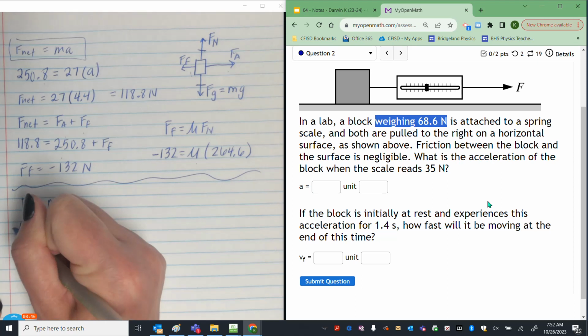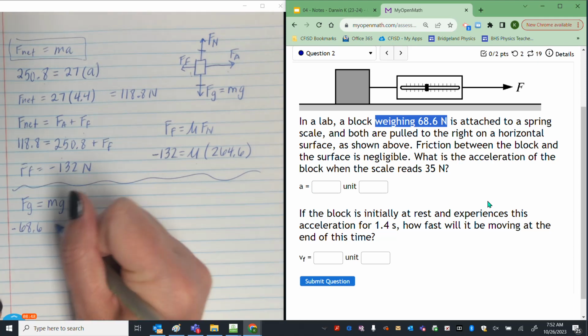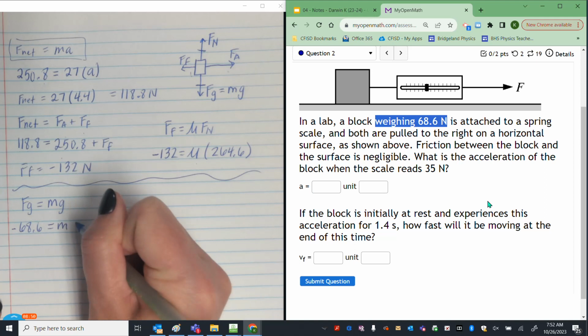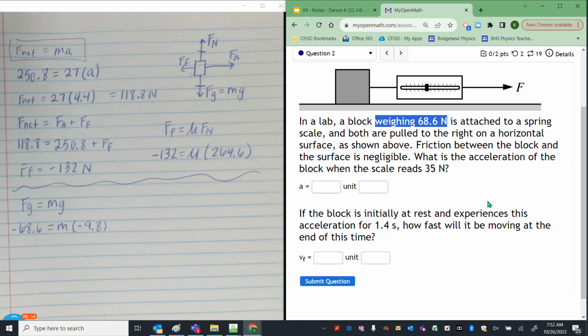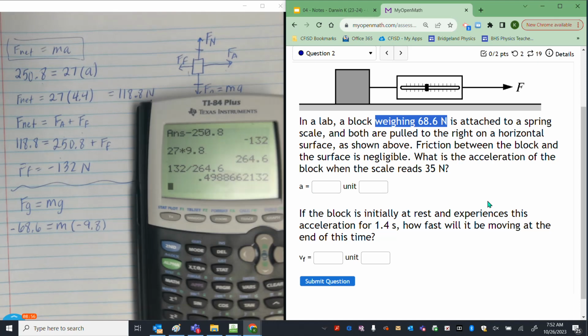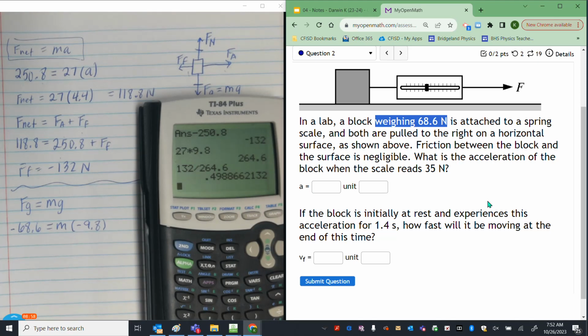Technically, that's negative 68.6 equals mass times my acceleration due to gravity, negative 9.8. So if I want to solve for the mass, I just divide both sides by negative 9.8. Those negatives are going to cancel. So 68.6 divided by 9.8 gives me my mass of 7 kilograms.